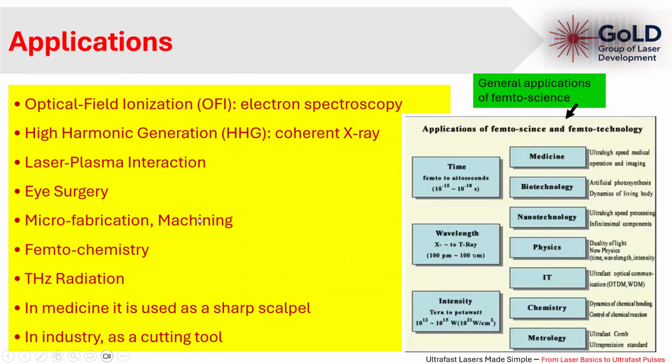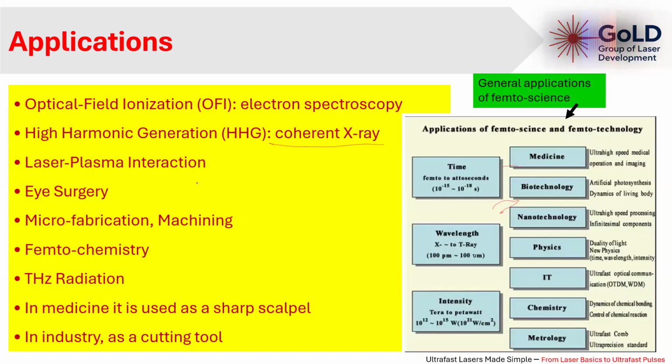Now the applications, actually the last few slides. There are so many applications, and I won't go into detail. We can generate coherent X-rays, and this is very common practice these days when you use femtosecond ultrafast lasers.